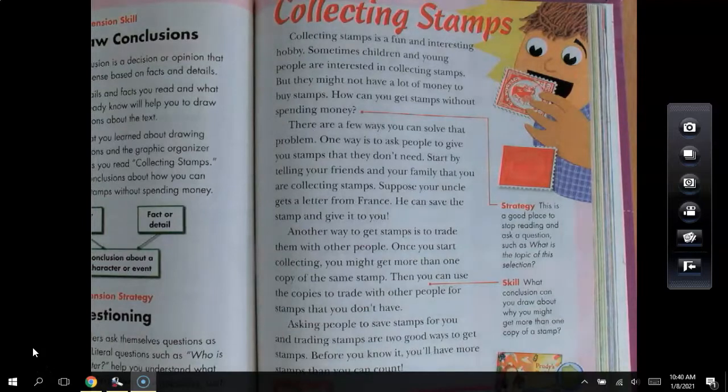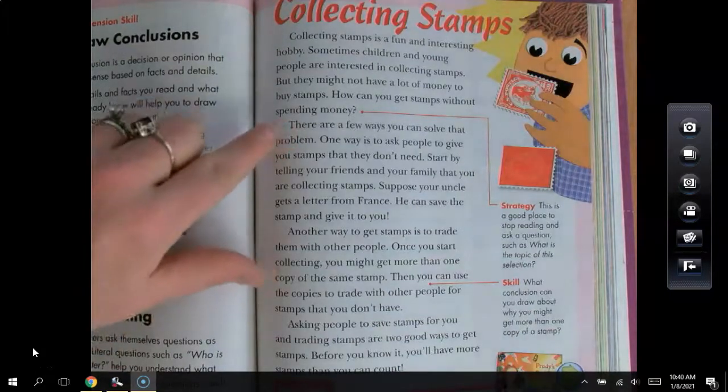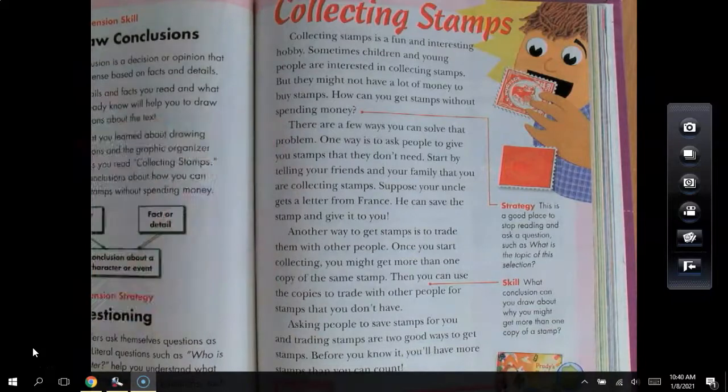Now, I read that children enjoy collecting stamps, but they might not have money to buy them. And then in the last sentence, it talks about how you can get stamps without spending money. So right then and there, I can draw a conclusion about what the rest of my story will possibly be about.